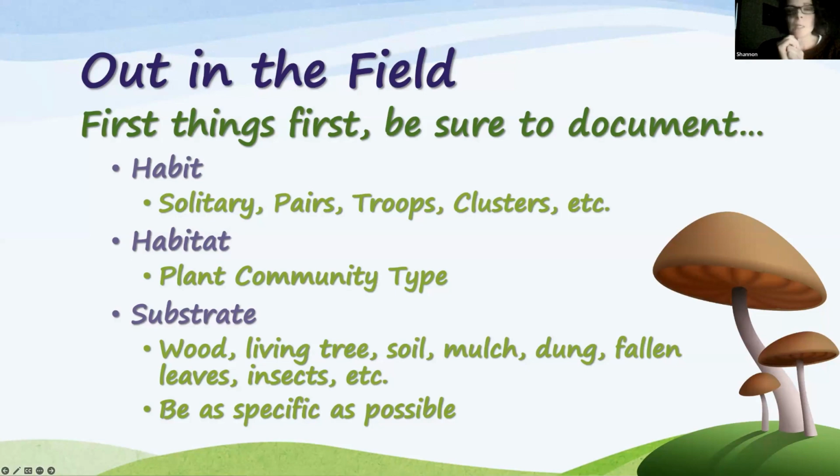And again, being as specific as possible is only going to help your situation, because some species, while being broadly generalist, can associate with a broad number of plants or substrates. There are others that are very species or substrate specific, and making sure that you have that information before you leave the habitat will definitely be to your advantage.